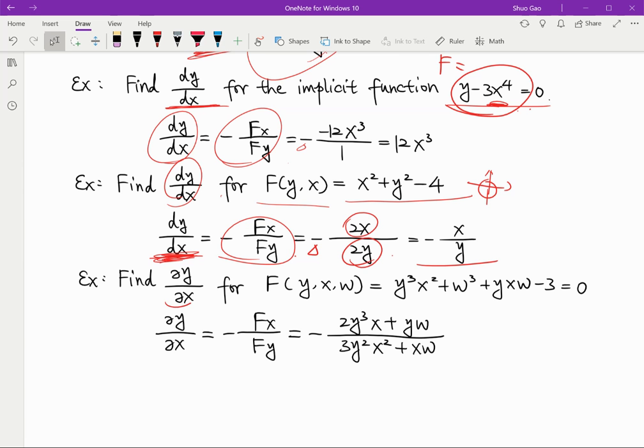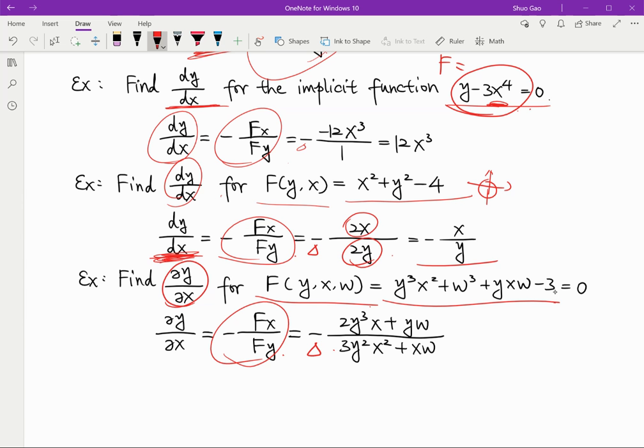And the third case, we need to find partial y over partial x for F equals this thing. Here we have two variables, x and w. When we take the derivative of y with respect to x, it's called a partial derivative because we have to consider w as a constant. Again, we can use the formula from before, with a minus sign.